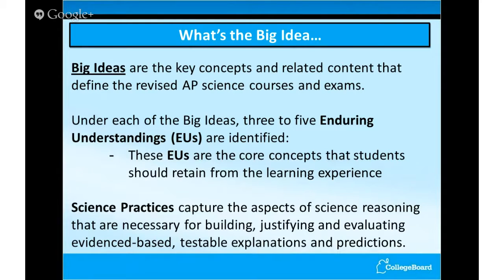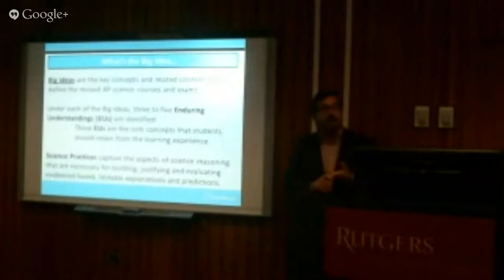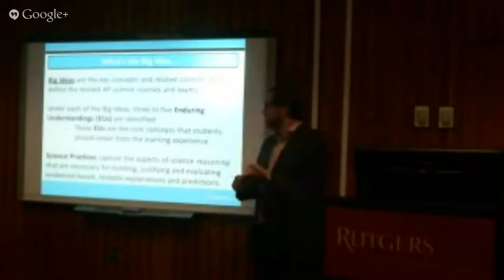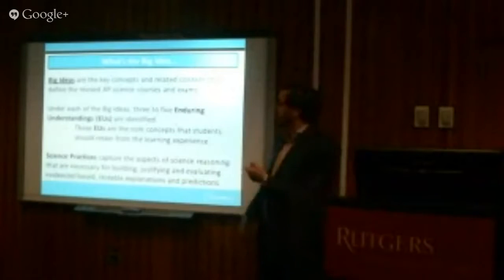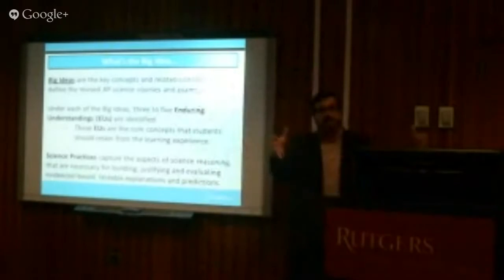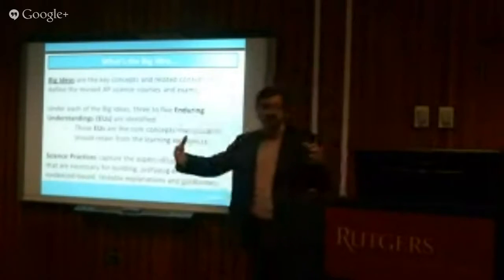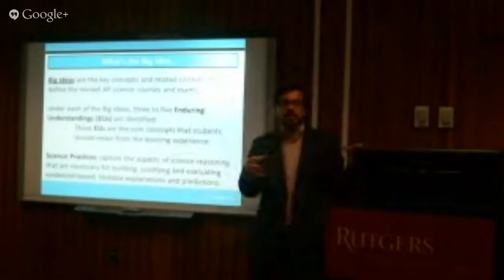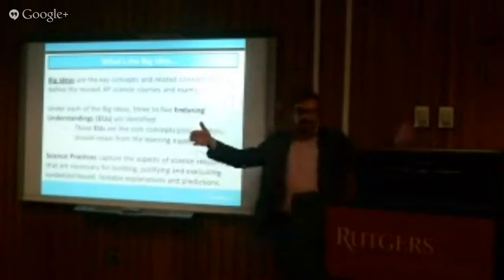So what did we do? Basically we took the entire course, each one of them, so there's AP Physics, Chemistry, Life Science, which is the biology piece, and Earth Science, Environmental Science. And we created these big ideas. Basically the big ideas became the organizational buckets that we put all of the content into. What we wanted to do was narrow that scope.